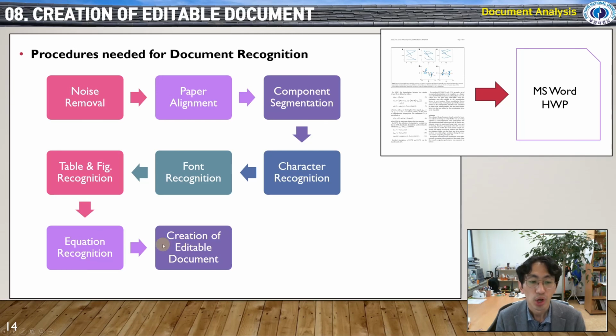Of course, you need to create another software to create an editable PDF or Word format, but because that is the area of programming, not algorithms, I just want to skip those areas. So in terms of algorithms, these are the procedures needed for document recognition.